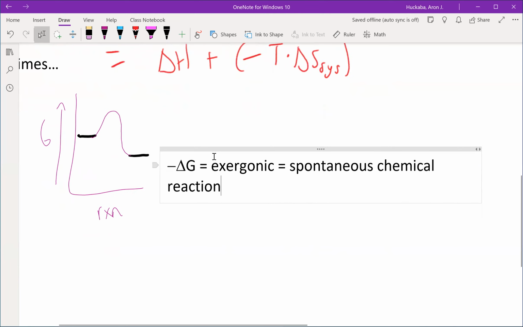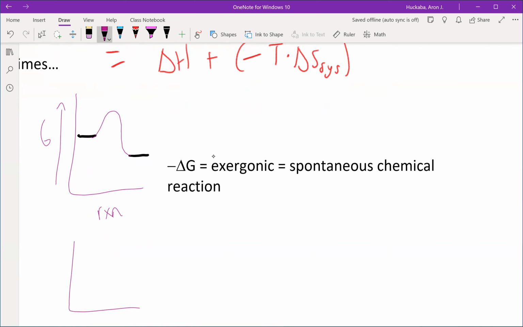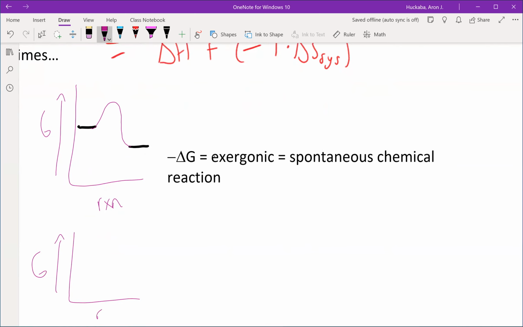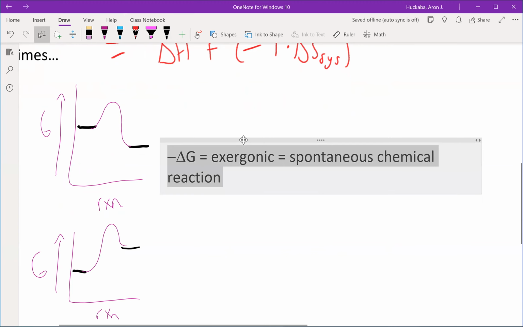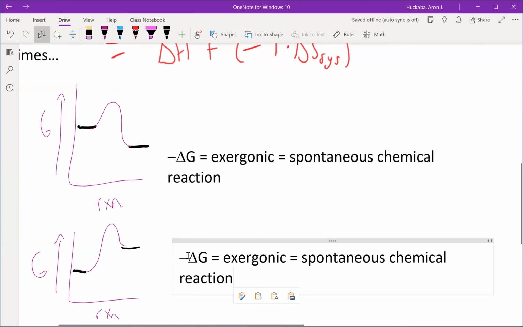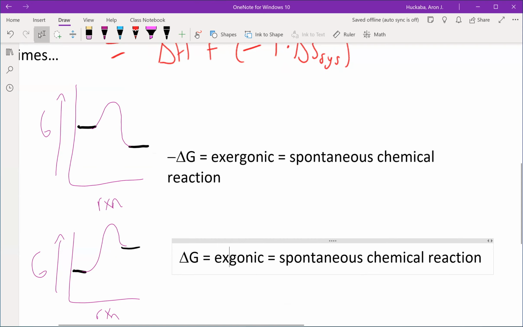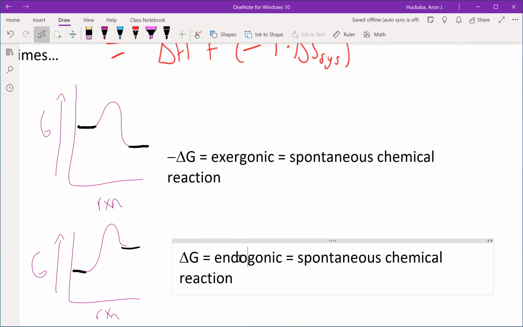Conversely, you can have the opposite happen, where the Gibbs energy is increasing for some reaction, and your product energy is now higher, which means that instead of an exergonic reaction, we now have a positive delta G value and an endergonic reaction.